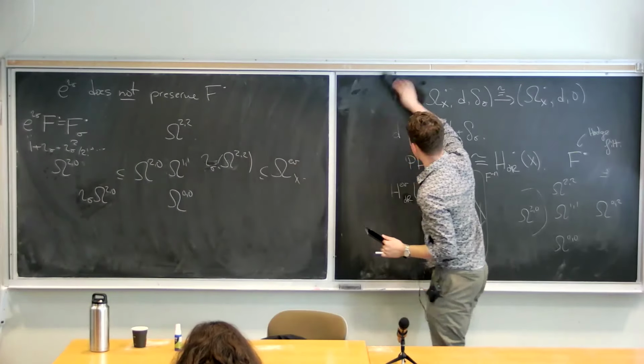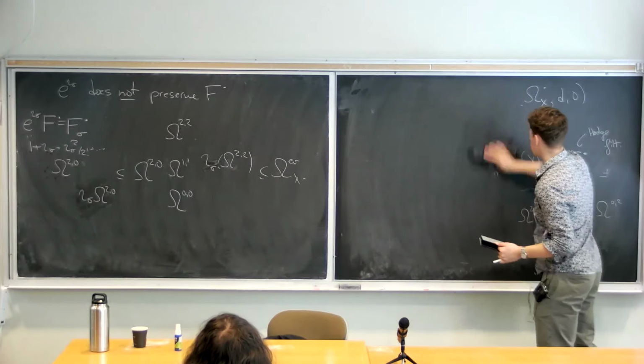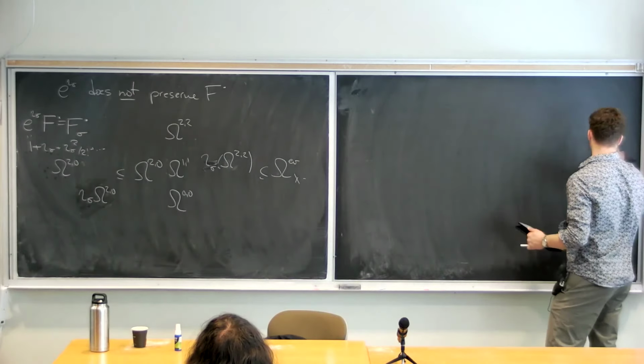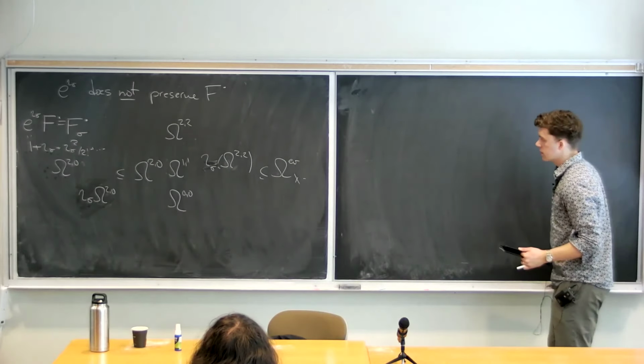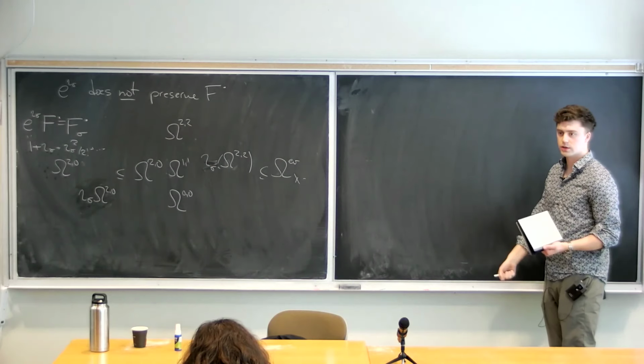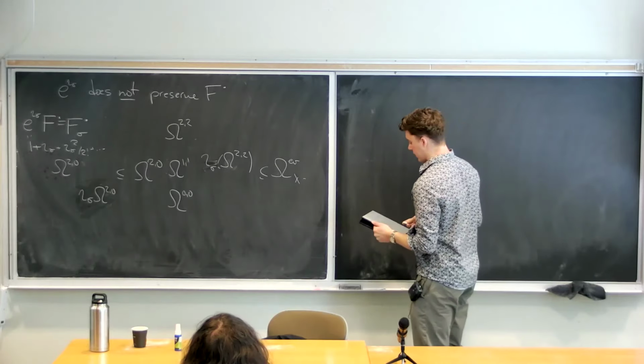And the wonderful thing about the original Hodge filtration that I'm erasing is that it gives you a spectral sequence, and that spectral sequence degenerates at the second page, and that's what gives us the Hodge structure on the cohomology ring of the compact Kähler manifold.